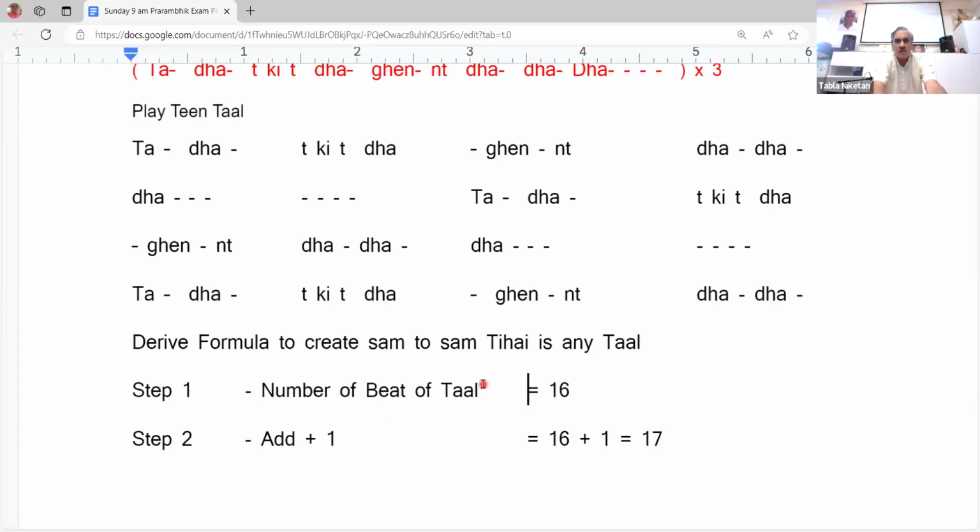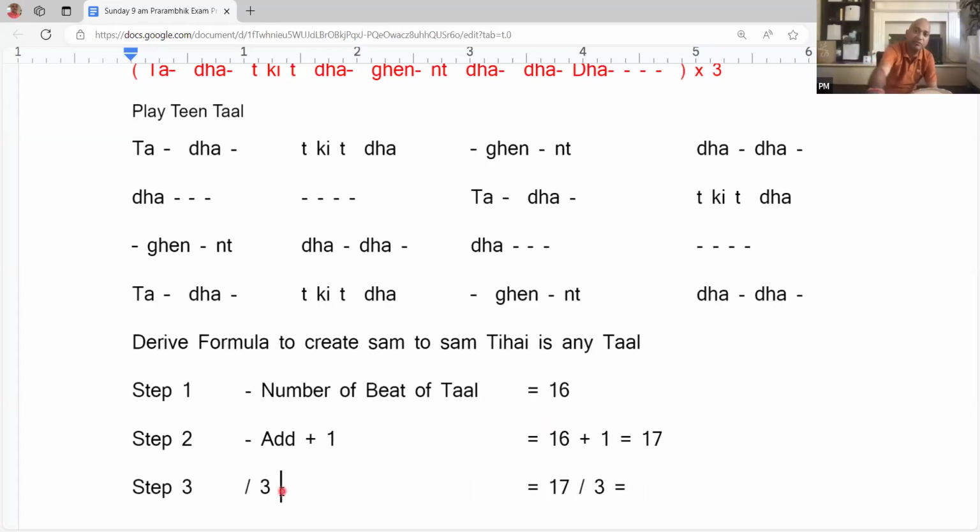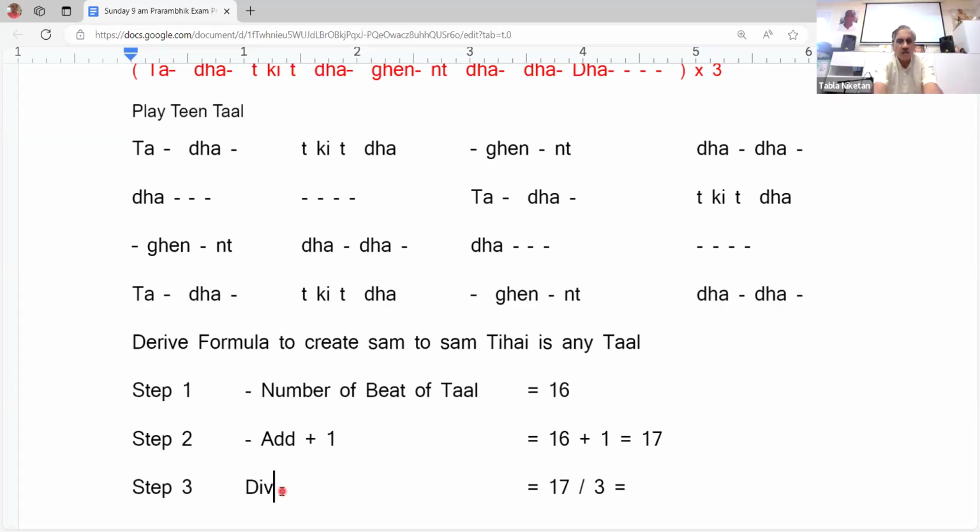Step number 3. Divide by 3 in the above formula. So 17 divided by 3. Anybody know why we are dividing by 3? It's TI, so three times. Exactly. Being a TI, we divide by 3.